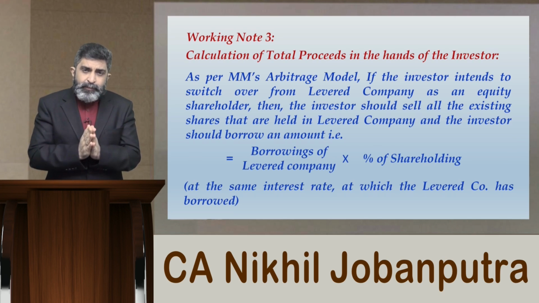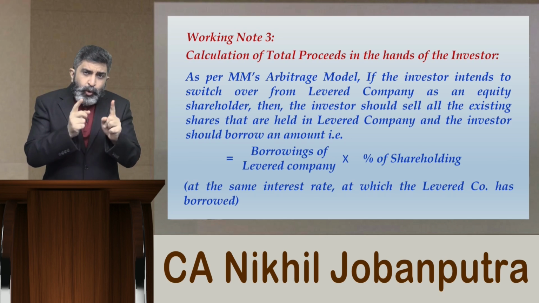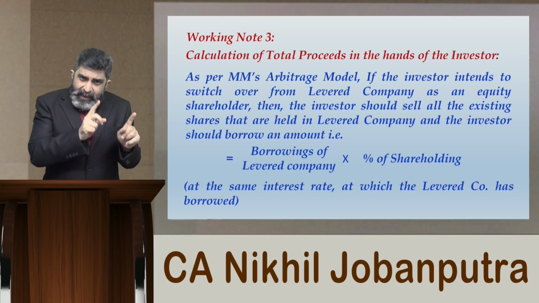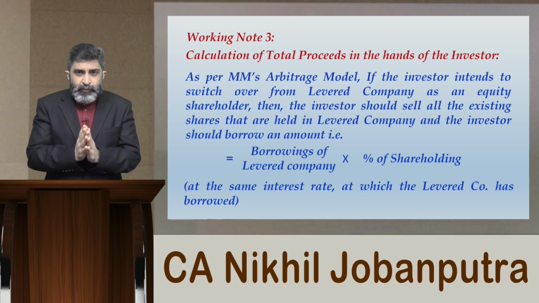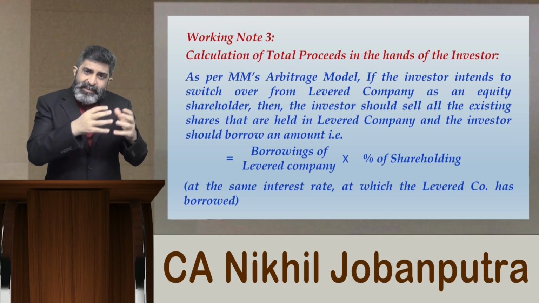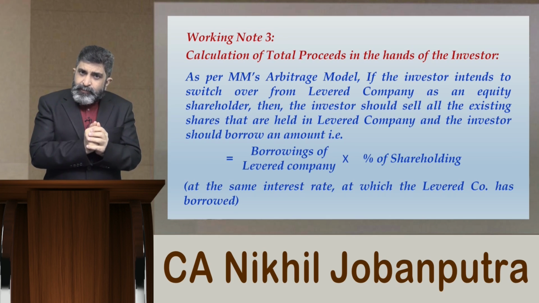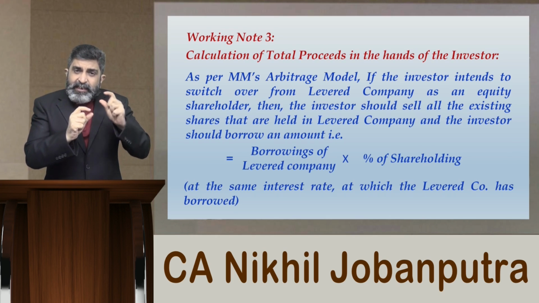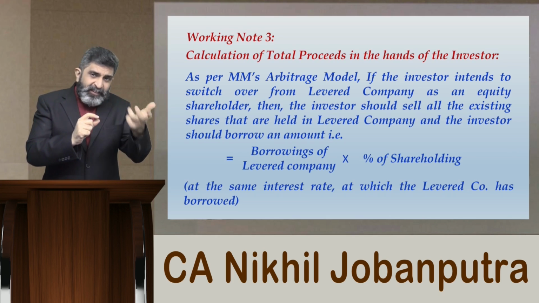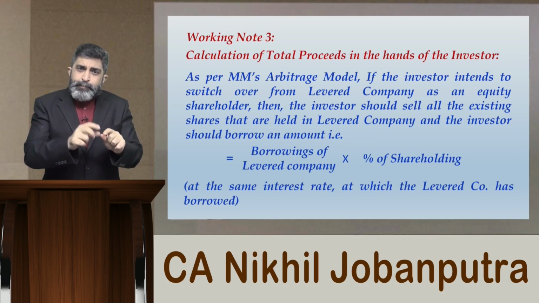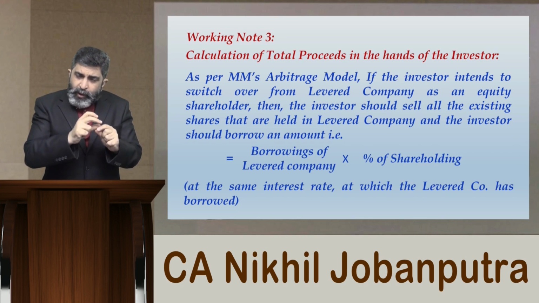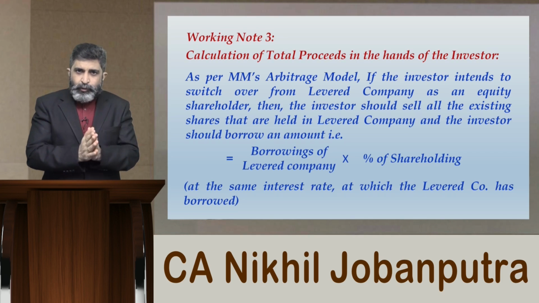If you could observe, the total borrowings of company X Limited was 60,000. Our investor was holding 10% shares in X Limited. So logically, this investor is also having proportionate burden of that borrowing, which is 10% of 60,000.